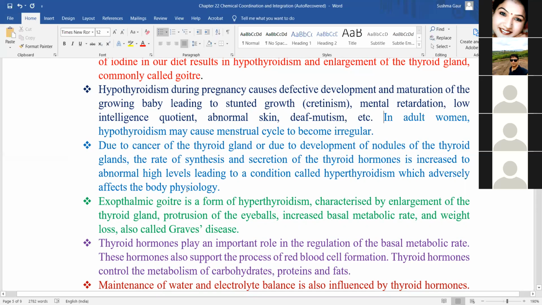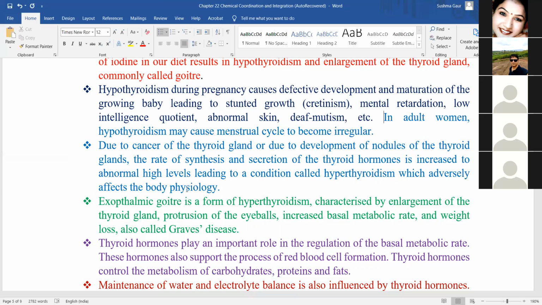So you have to remember, goiter is a disease caused by hypothyroidism, that is, deficiency of thyroid hormone because of deficiency of iodine. Now if the thyroid hormone is released in excess, more than what is required, then this is known as hyperthyroidism.